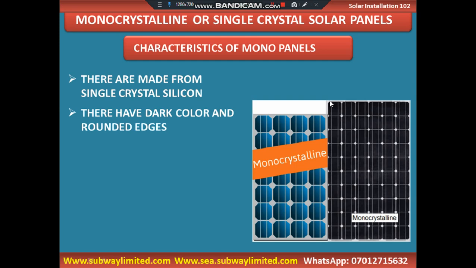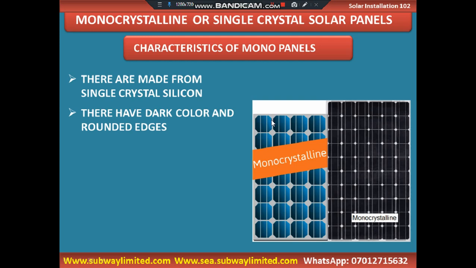So those solar panels that are dark in color are the monocrystalline solar panels, and they are made up of rounded edges. You can see it here. These are the rounded corners that you can always see physically when you examine the monocrystalline solar panel.